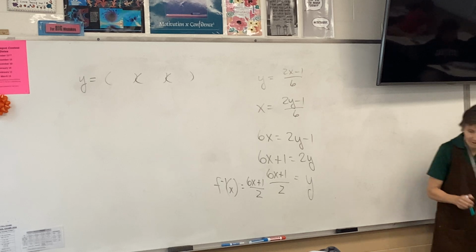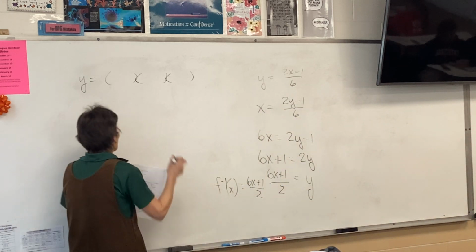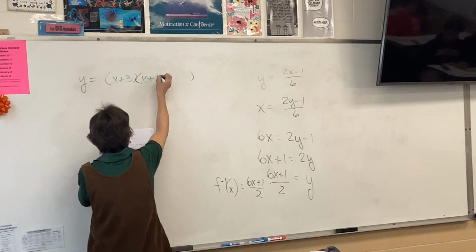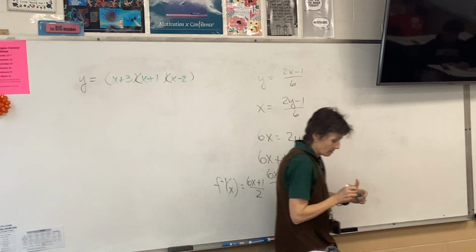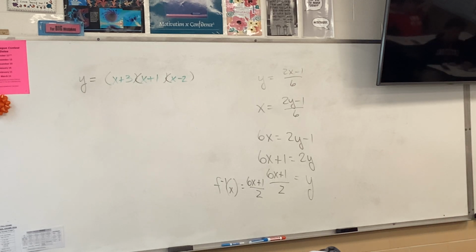So what are my factors then? x plus 3, x plus 1, and x minus 2. Exactly. Now, what's the next thing I have to consider? Squared or not squared?